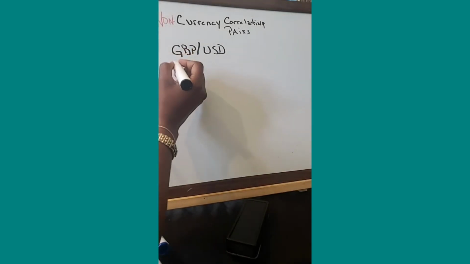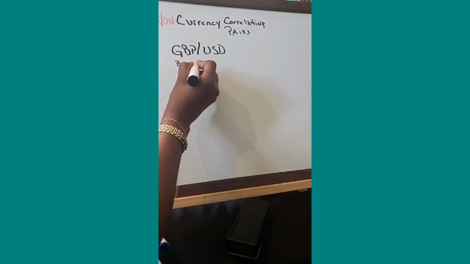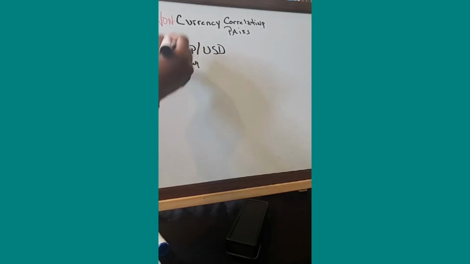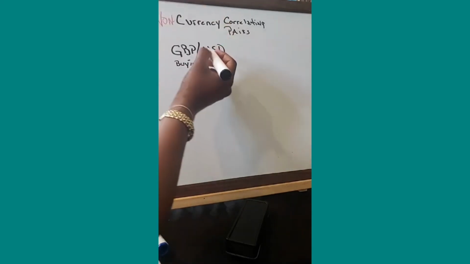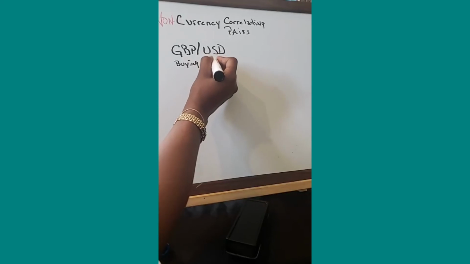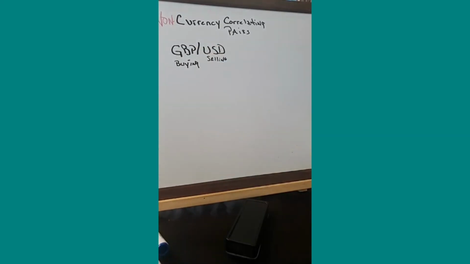So for example, if I am buying this pair, because you know the first one is the dominant one. You're either buying or selling the very first pair, and then simultaneously, since I'm buying it, that would mean I'm selling the USD.